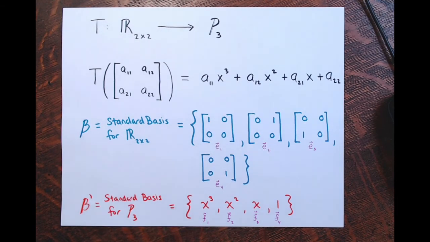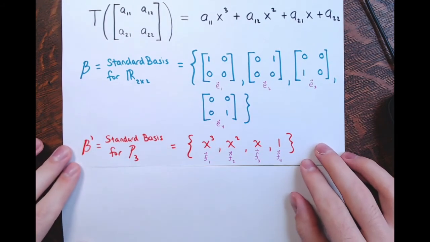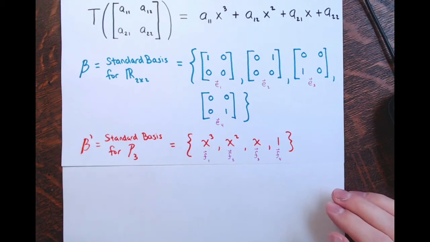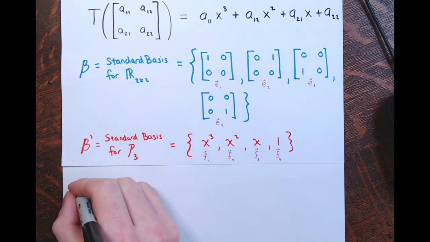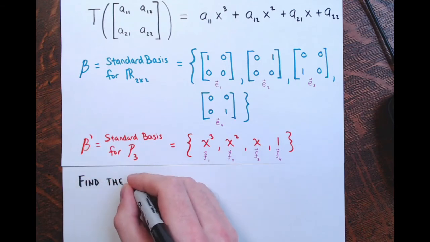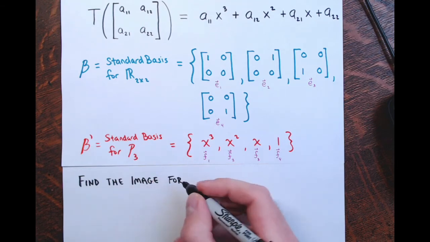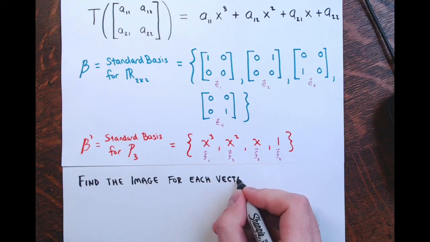Now, what this theorem states, right? When they're talking about the standard matrix for a linear transformation, we're going to find the image, or the output, for each vector in the standard basis of the domain.